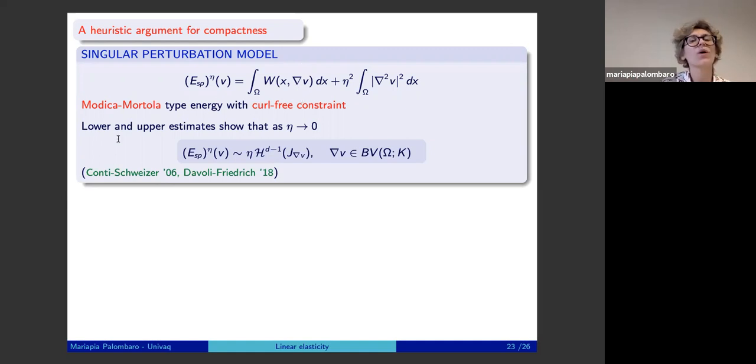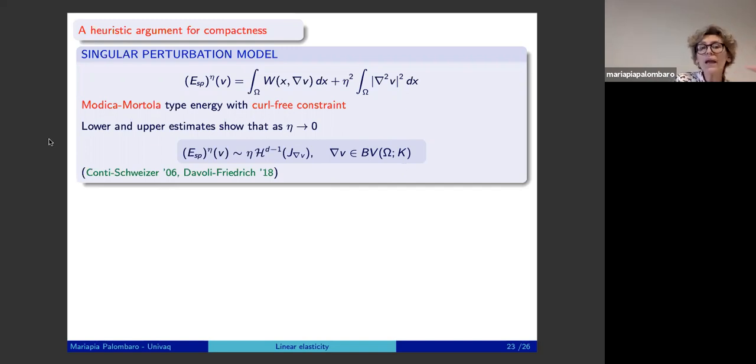Okay. Now, there are papers that proved upper and lower estimates for this energy. And this shows that this energy goes like this term here. So what does this mean? If we consider a sequence with equibounded energy, one can prove that the limiting deformations have gradients in BV and take values in the union of the wells.